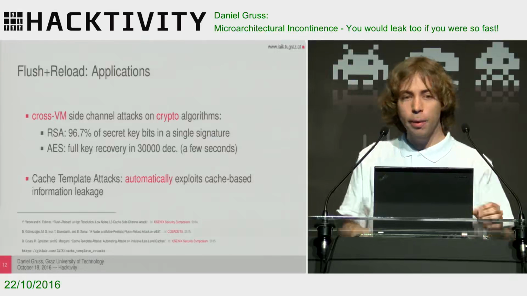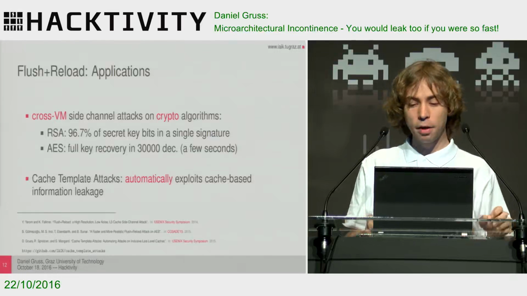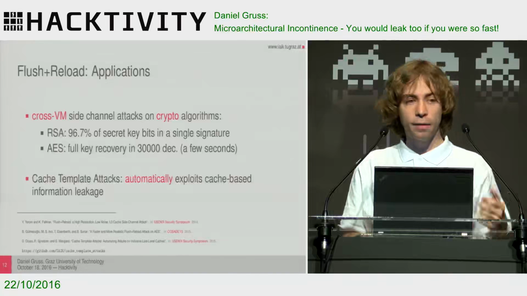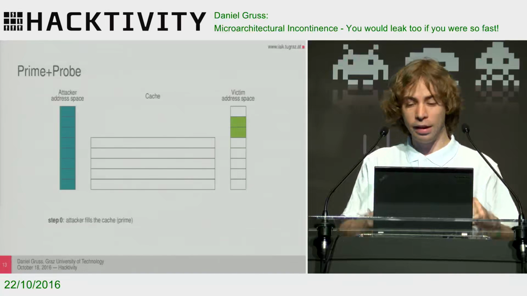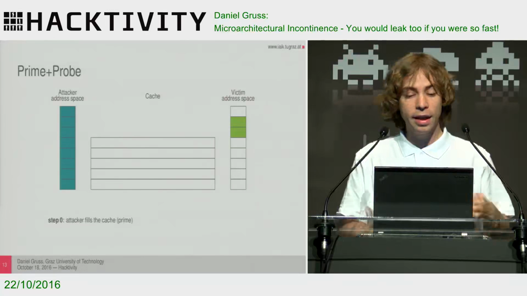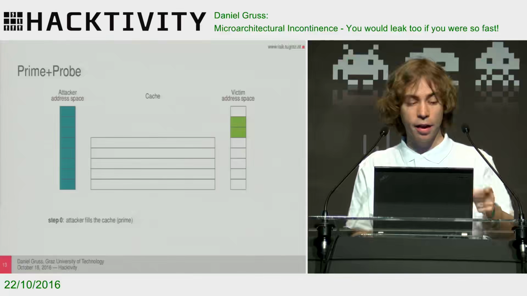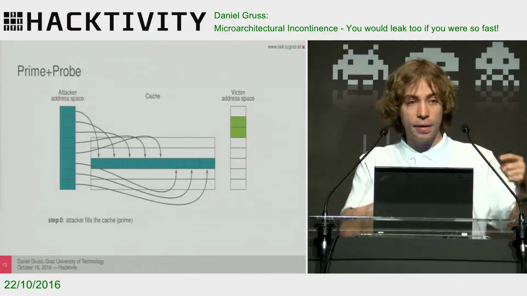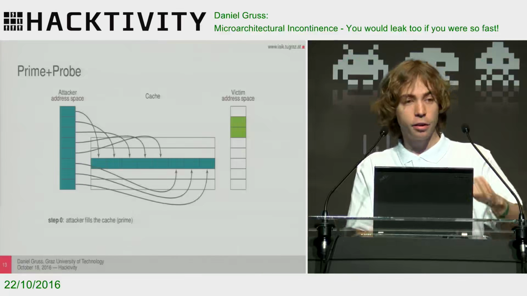Now, flush and reload requires shared memory. If we don't have shared memory, we can still do a similar attack exploiting the set property, that the cache works in a set associative way. And here the attacker fills the entire cache set with addresses from its own address space that are not shared.